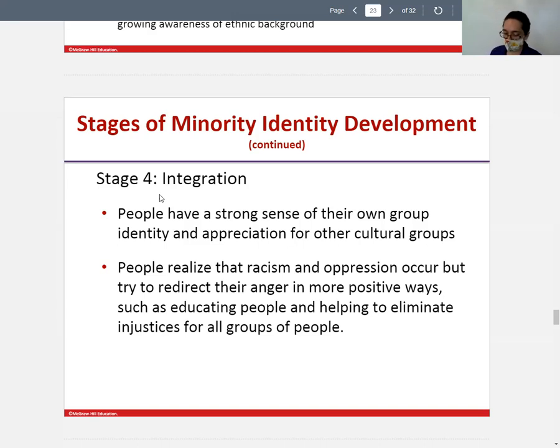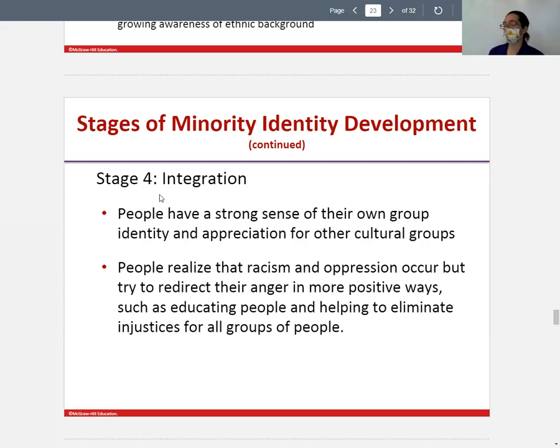So these people will realize that racism and other forms of prejudice and discrimination do occur, but instead of just being angry about it and saying, this is all your fault for being white or whatever, it gets focused more towards education and saying, here's what's actually going on.